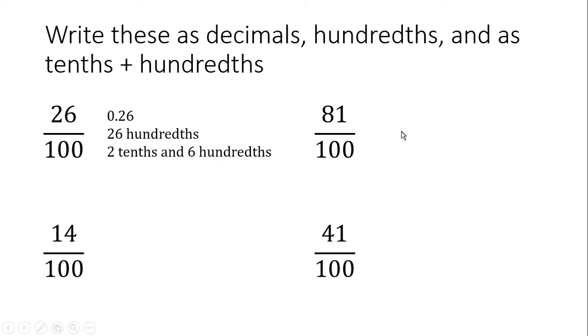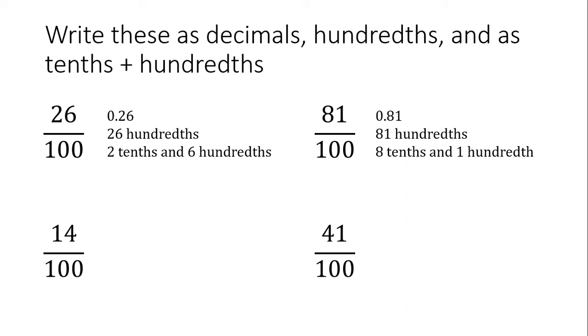Next fraction, 81 hundredths. You could write that as 0.81. And as I said, you could say that as 81 hundredths, but you could also look at the digit in the tenths place and the digit in the hundredths place and say, okay, 8 tenths and 1 hundredth.